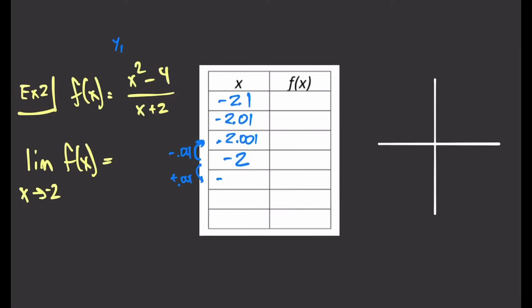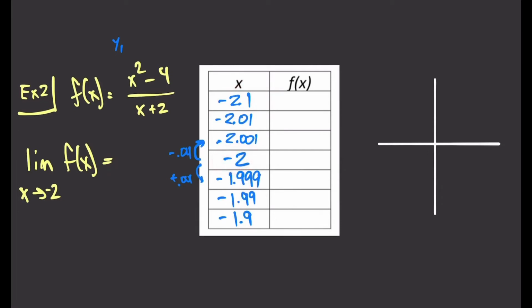So this is going to be -1.999, then 100th, so -1.99, and then 1/10, -1.9. So like I said, that's where it gets a little confusing.